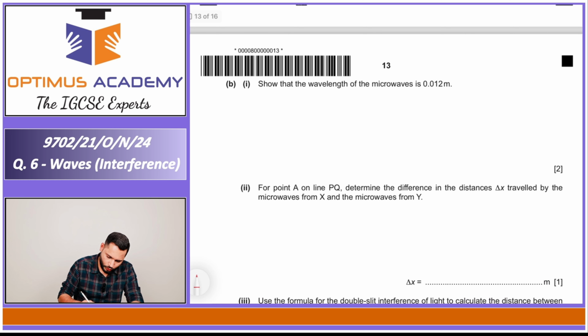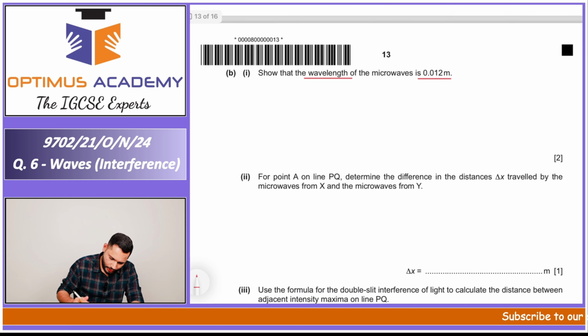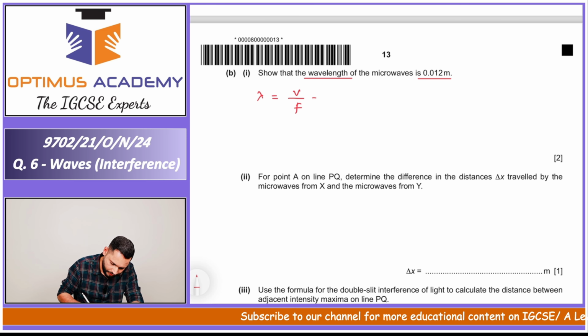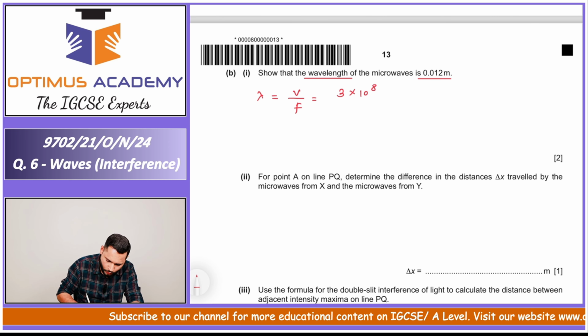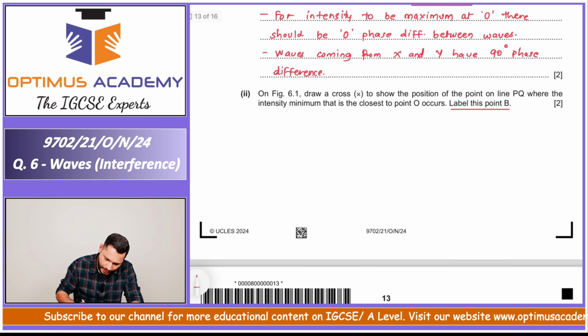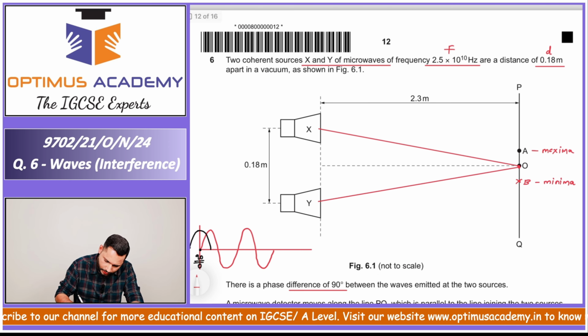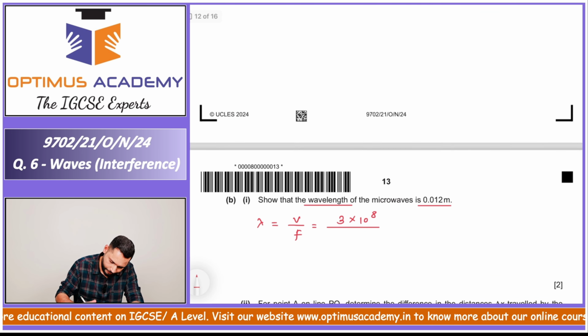Next, show that the wavelength of the microwave is 0.012 meter. So it's a microwave and they're asking us to find out the wavelength. We can use formula wavelength is equal to v upon f, where v is the speed of microwave in vacuum, 3 into 10 raised to 8, and the frequency they have given over here, it is 2.5 into 10 raised to 10.